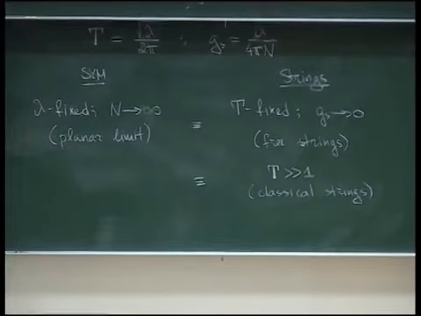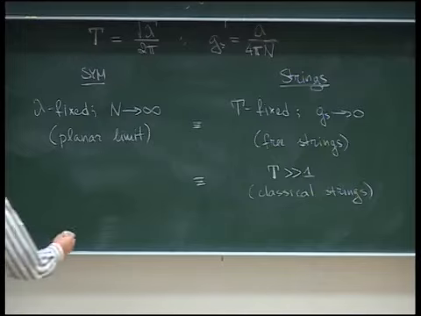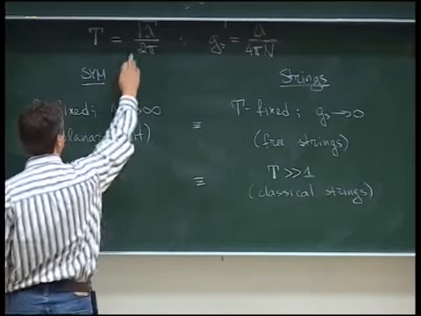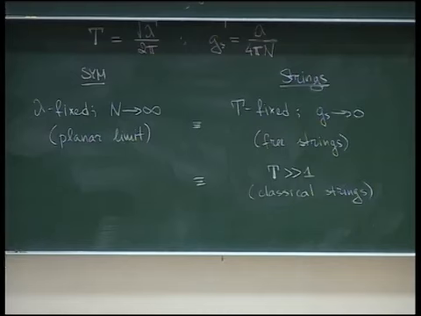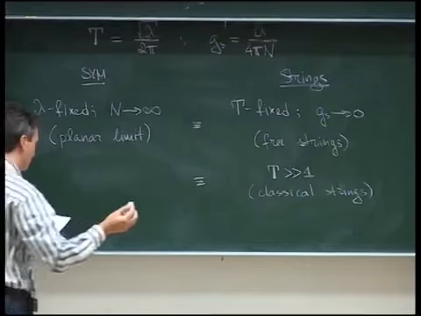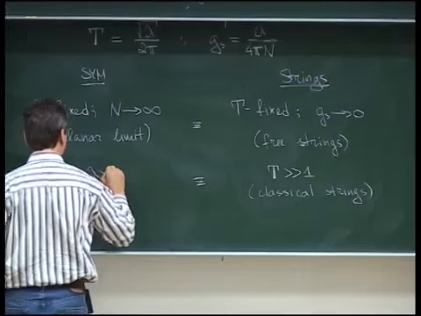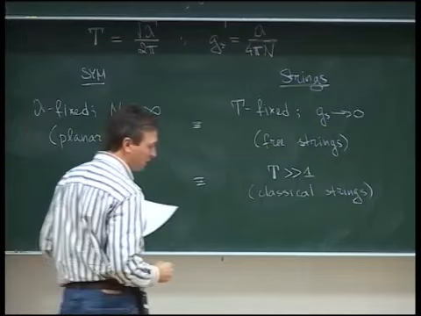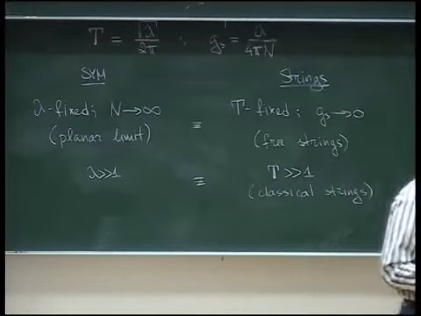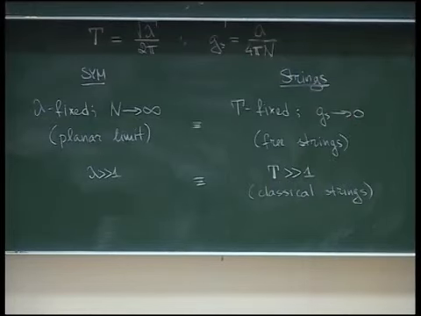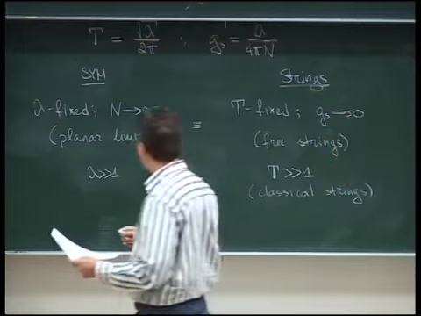Now, if you look at super Yang-Mills, since tension is proportional to the square root of the 't Hooft coupling, to make tension large, we should make lambda large. And this is a very unusual limit for a field theory, so it corresponds to the strong coupling limit.